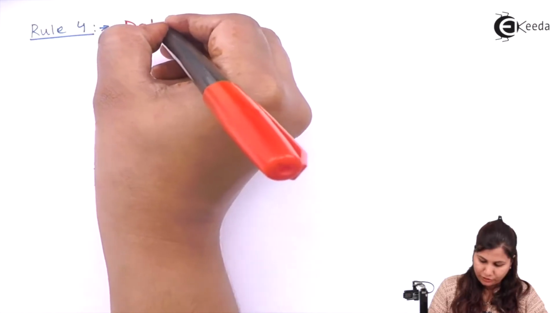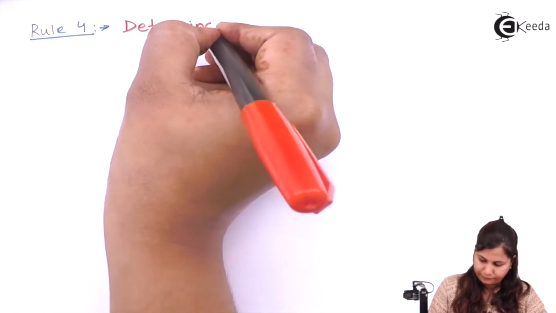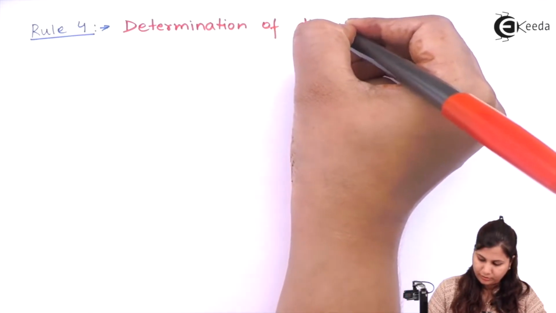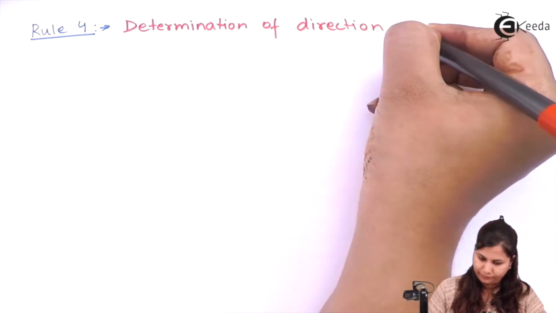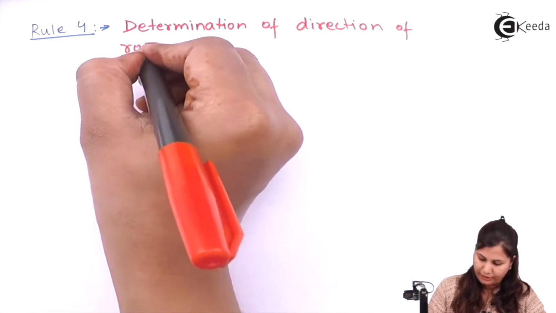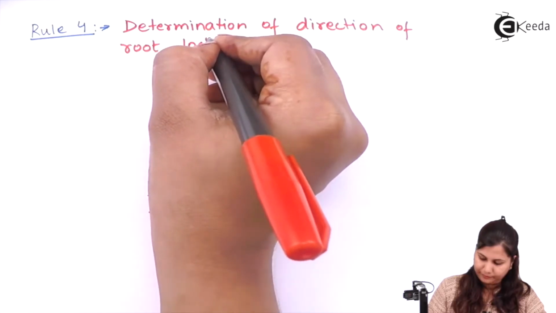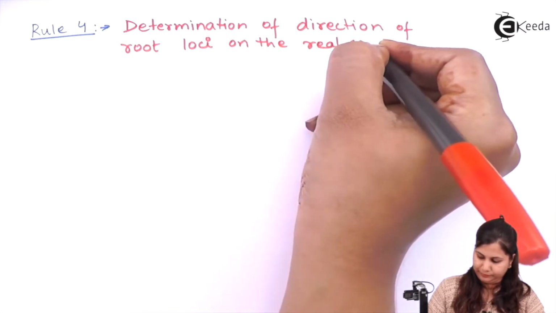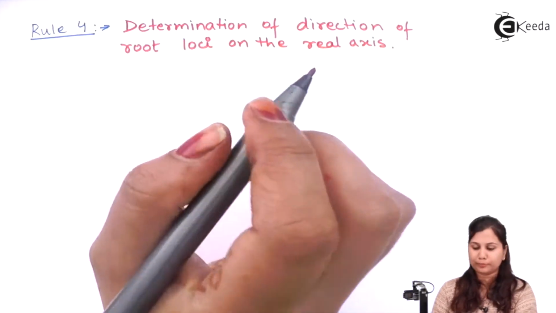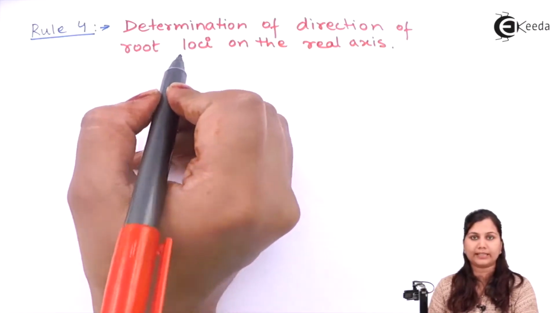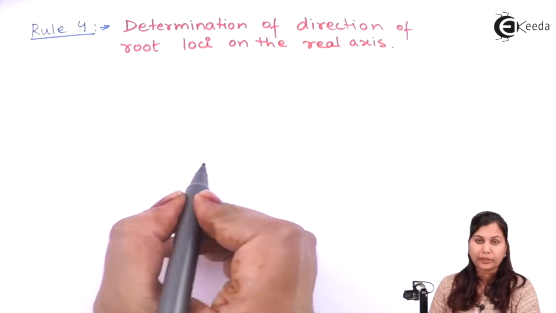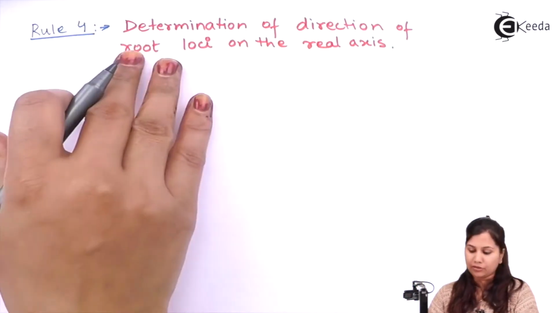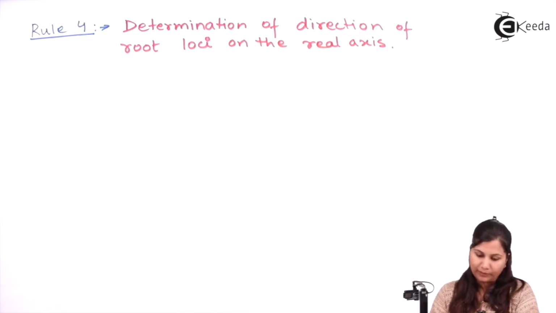So, determination of direction of root locus on the real axis. The branches of the root locus, what will be the direction of those branches on the real axis? So how can we determine it?